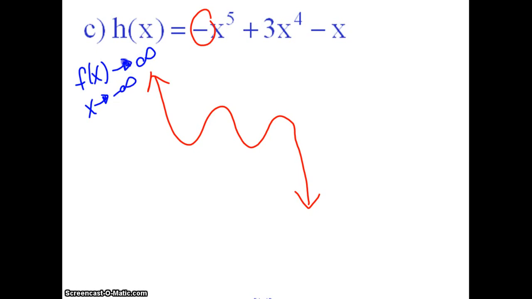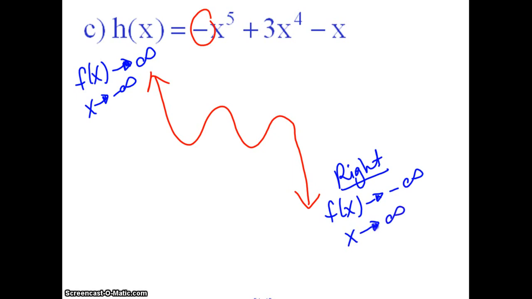So the graph is going up as your x is going to the left. What about the right side? f of x is going down, that's negative infinity, as x approaches positive infinity. It's going to the right.